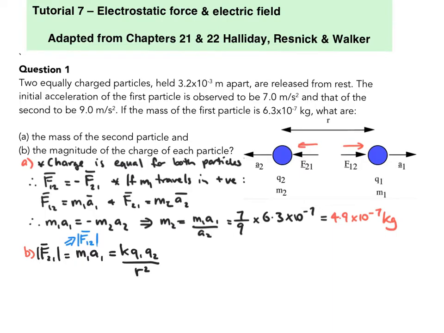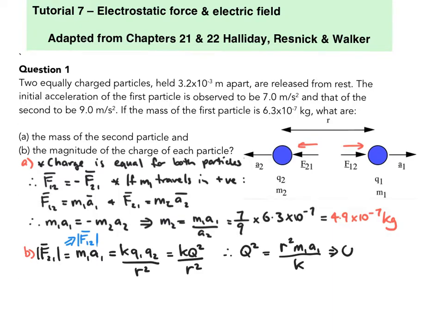That's the definition of the magnitude of the electrostatic force. We can write this nicely as K Q squared over R squared. So therefore, Q squared is equal to R squared M1A1 on K.